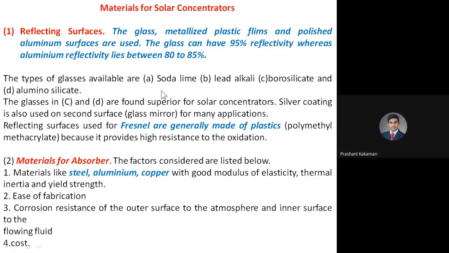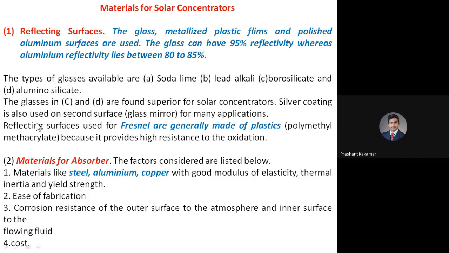Because these have very good reflectivity, and if you keep it on the absorber cover, there also I can go for such glasses, which have high transmissivity and good reflection. If you go for backside coating, the front side can have a good reflection also. So in such applications, we can go for such transparent glasses or very clean glasses: soda lime, lead alkali, borosilicate, and aluminum silicate. These are the good glasses we can go for.